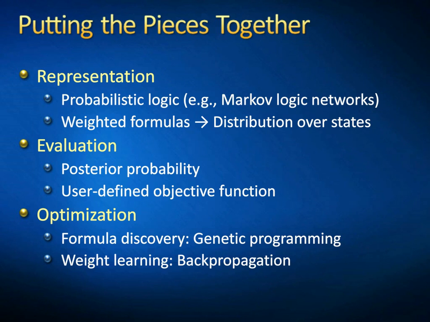Optimization is the search process by which I find the program or the model that is best according to my evaluation function. And if what we're using is probabilistic logic in the form of weighted formulas, there is now a very natural combination of ideas from the evolutionaries and the connectionists, which is we can use genetic programming to discover formulas, right?